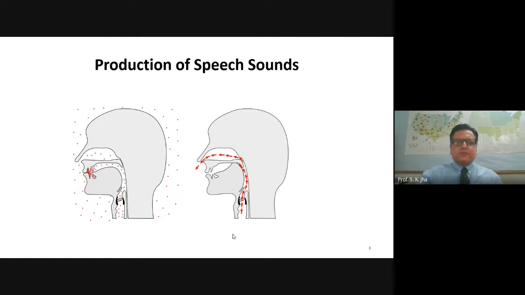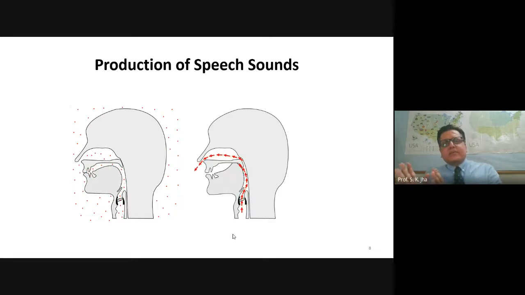You can see in this visual, I have given you this visual. So while passing through the vocal cords, the air is modulated by the opening and closure of the vocal cords, resulting in 2 types of sounds. One is voiced and one is voiceless.